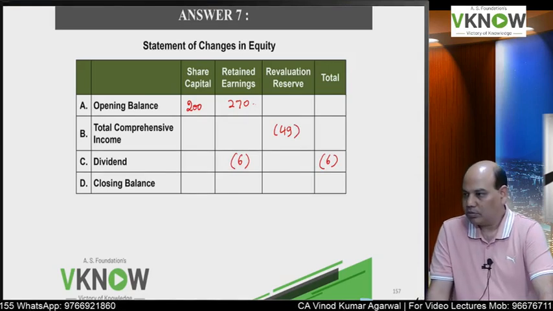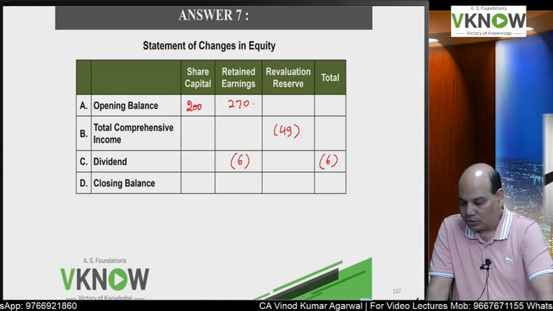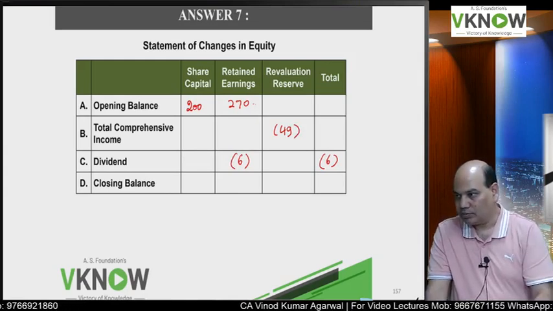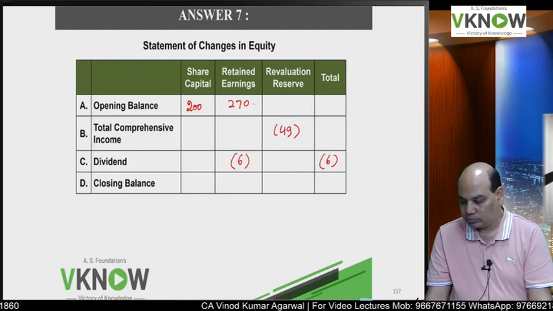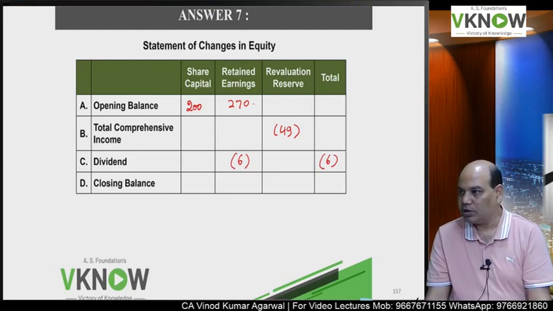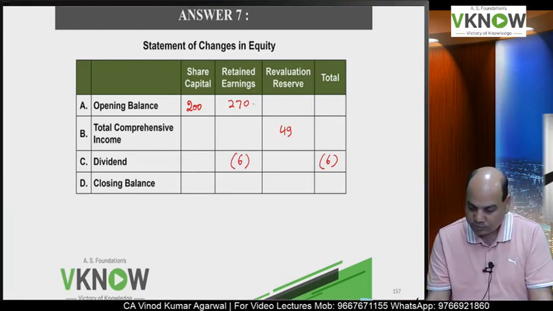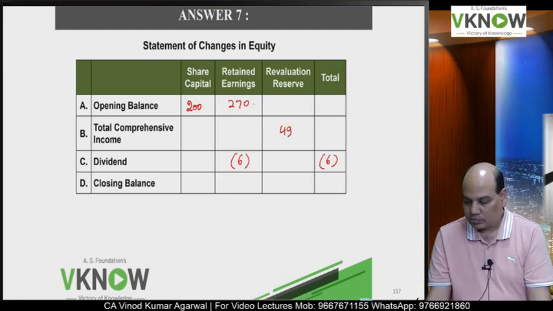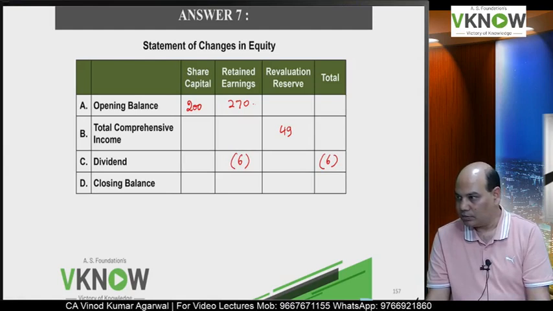No, net amount 49. Revaluation reserve net amount 49. 70 minus 21 net amount. And sorry, not negative. That is by mistake. 49. So the net effect on the reserve will be 49.